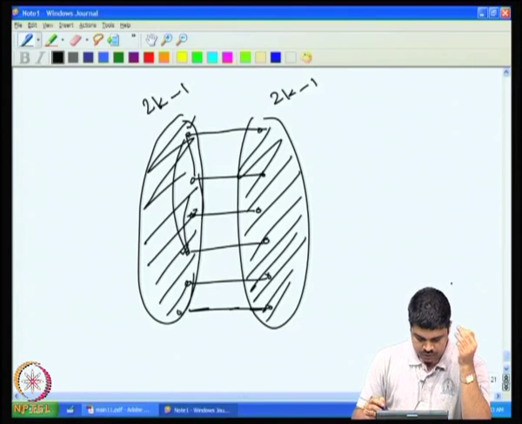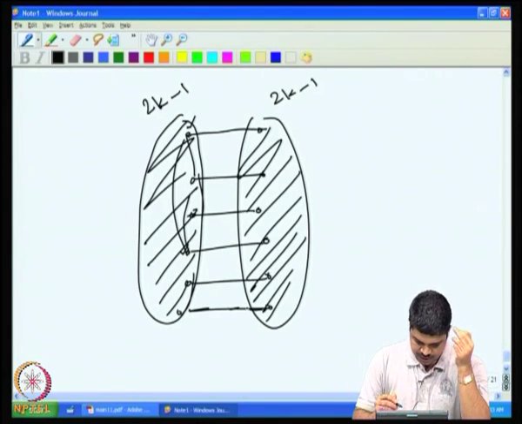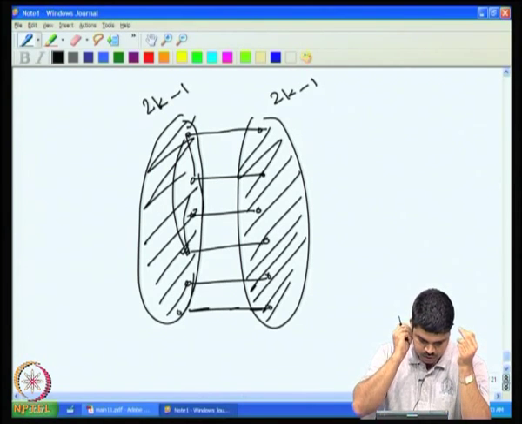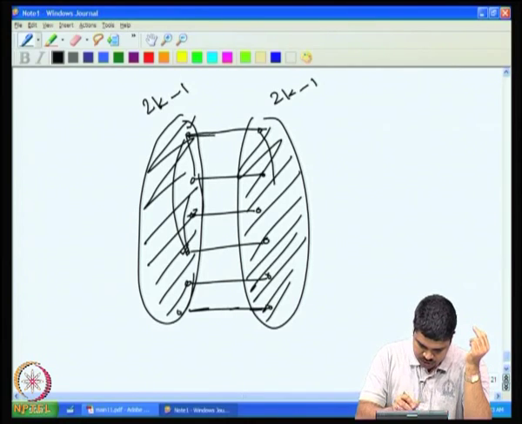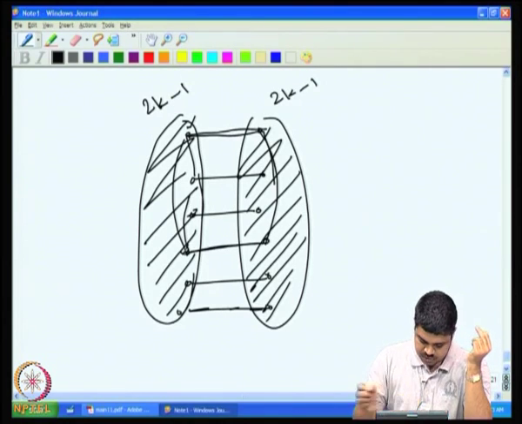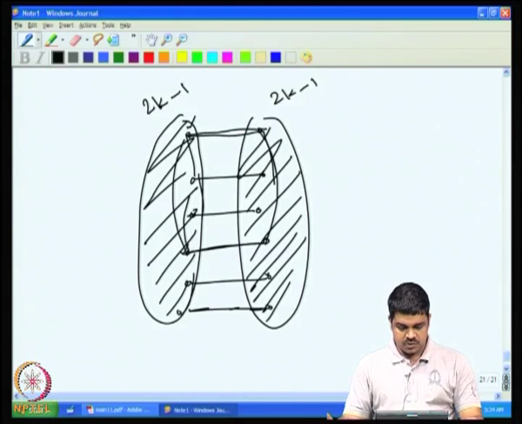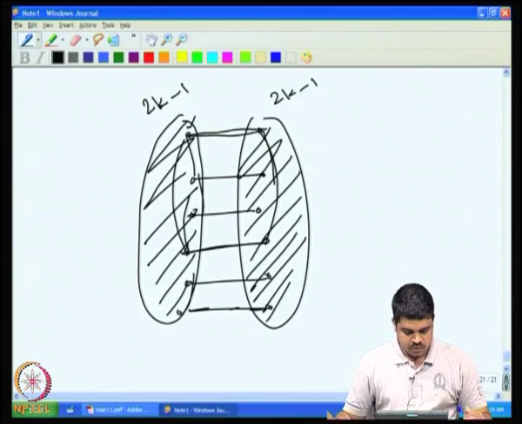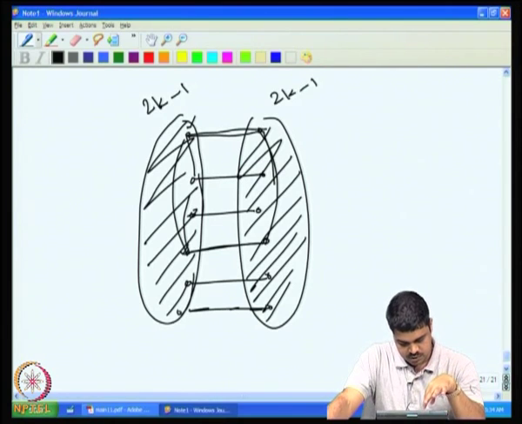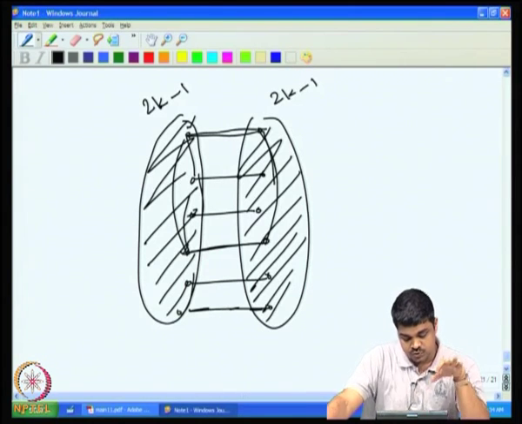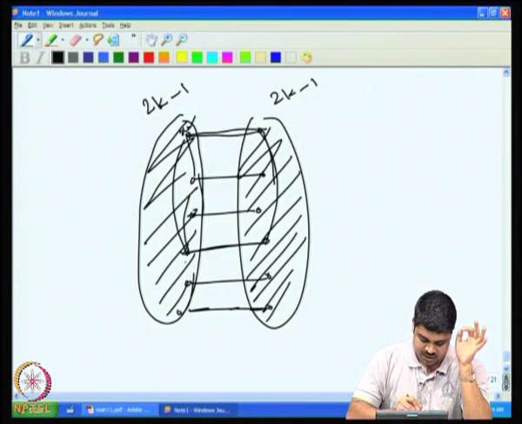So in total we have 2k minus 2 plus 1 paths, because it is always possible to go to this side and come back. So see how many vertices are to be removed from the graph so that these 2 vertices get disconnected. That way also you can ask.